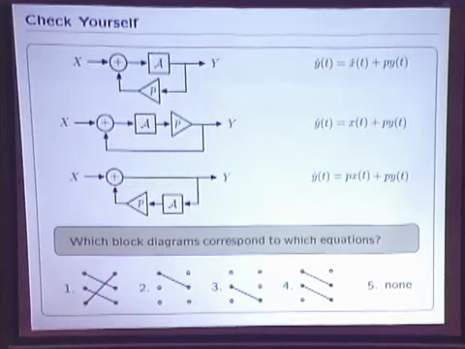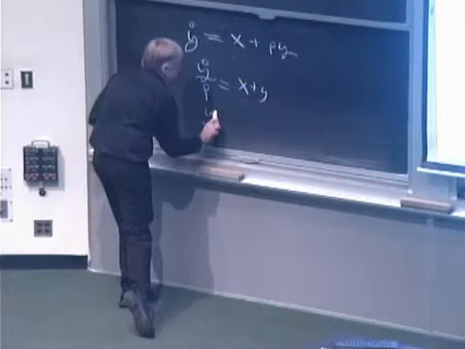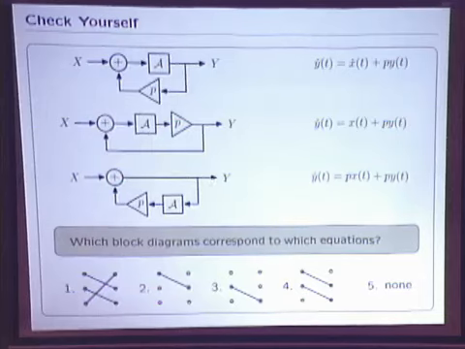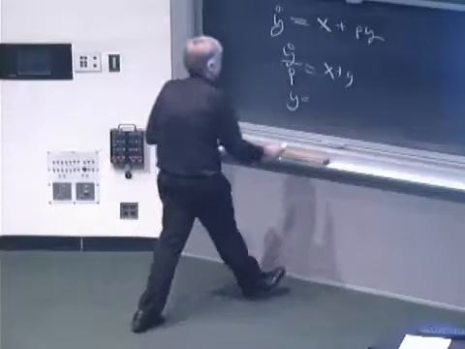Right? And you can do the same sort of thing down here. It looks a little bit different. This says that the output of the adder here is y. So y must have been x plus what?